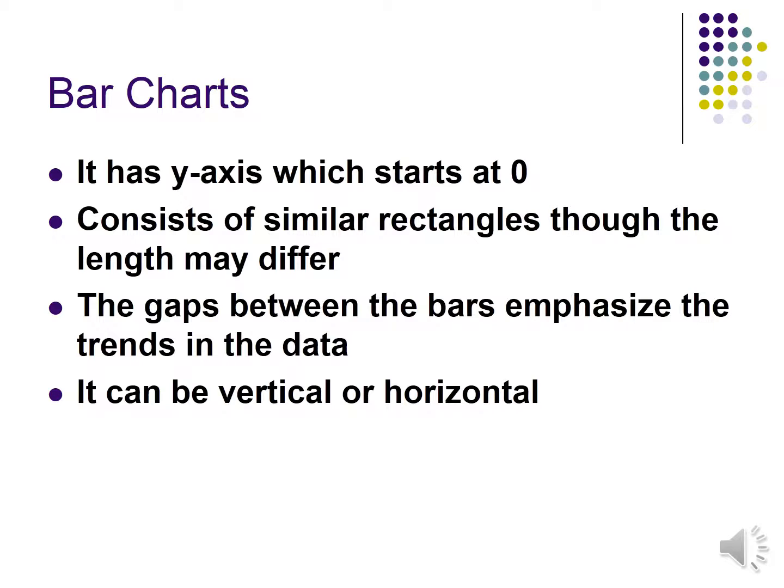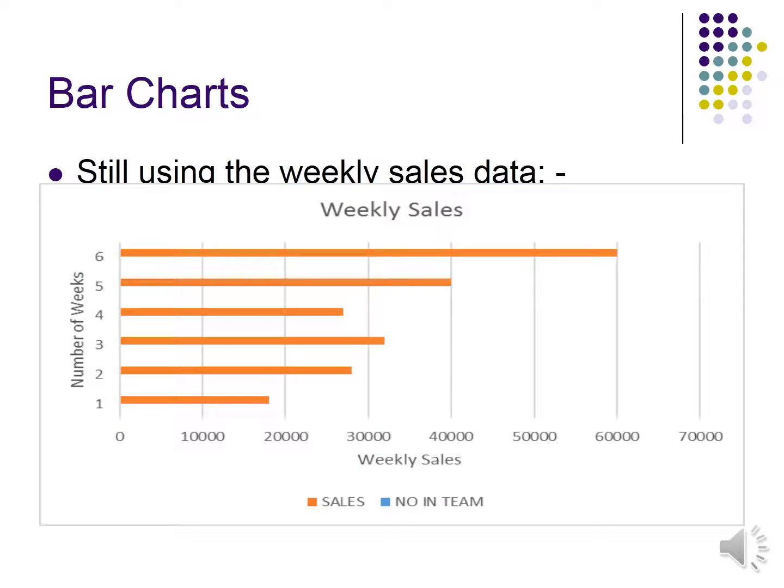That is why the gap between the rectangles is equal, and the width of the rectangle is similar, except that the height of the rectangle differs, which tells you in form of the volume of sales that they were able to generate. As I've said before, this is a typical example of a horizontal bar chart.